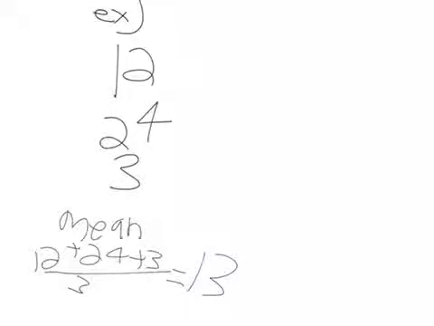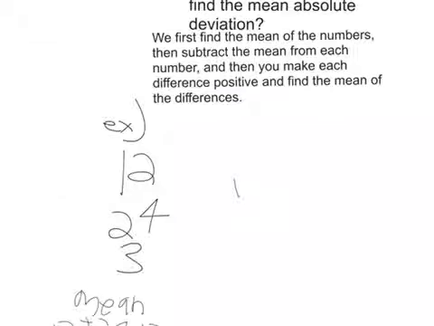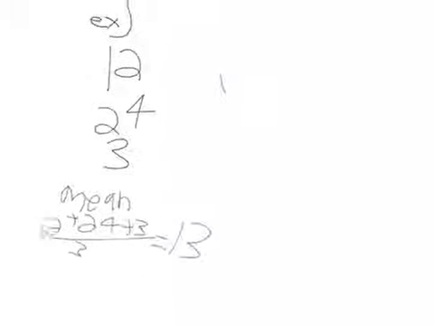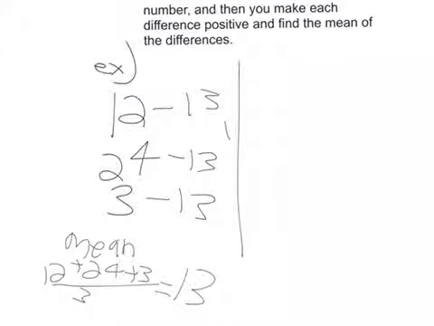In the next step, we subtract the mean from each number. We know that the mean is 13, so we just subtract 13 from each number. Now we got -1 here, 11 here, and -10 here.